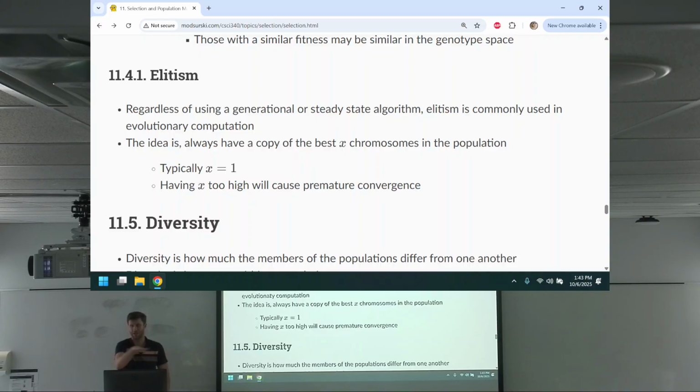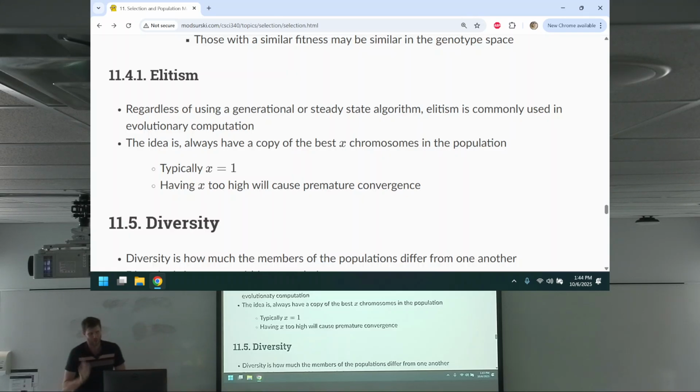For those of you that don't understand the question, what if you do the opposite of elitism, where maybe you are doing elitism, but you are also perhaps keeping the worst one in the population? So I'm thinking, if the population is converging, that worst one is probably going to add diversity to the population.